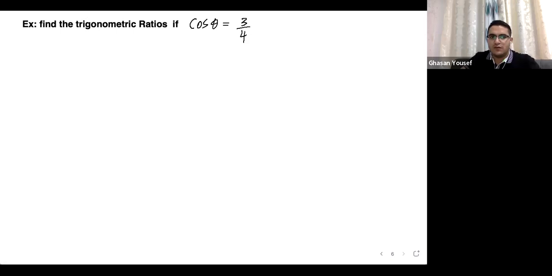The first thing you have to do is draw a right triangle like this. You have to graph a right triangle. This is my right triangle.